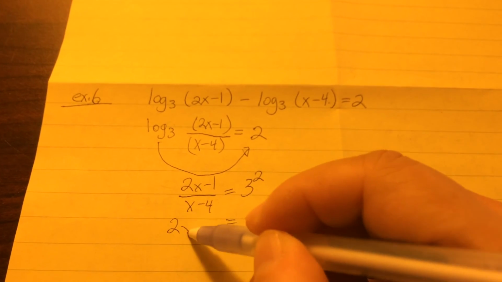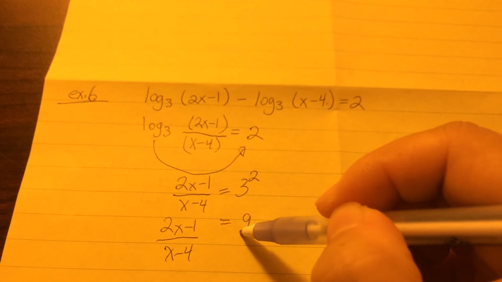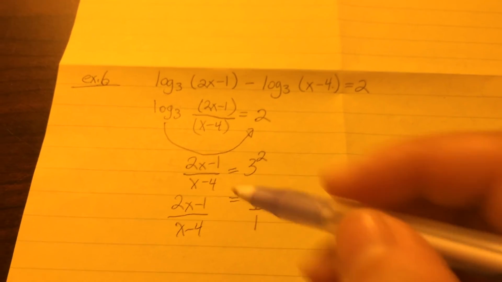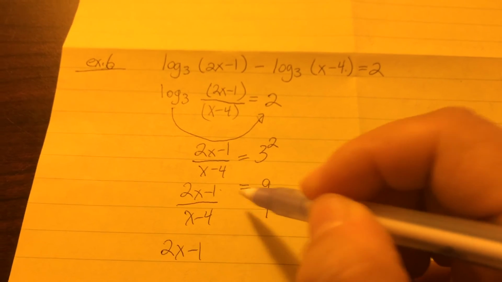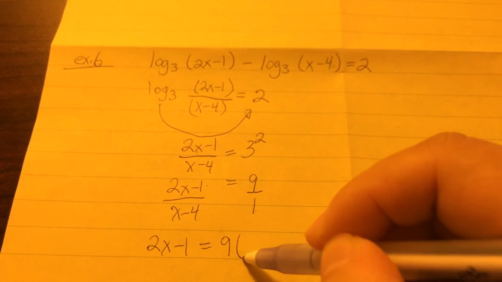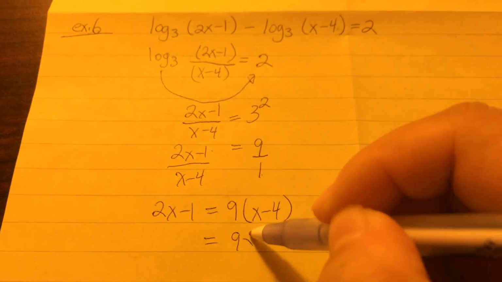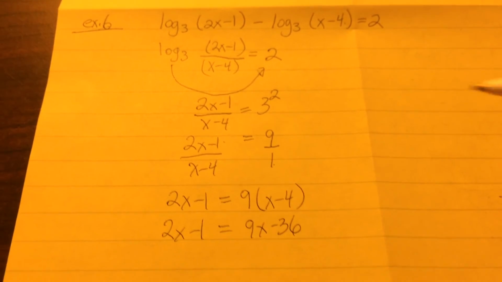So then we have 2x minus 1 all over x minus 4. So this is algebra 1 again. You can cross multiply this direction, right? Basically that's what you're doing, proportion. So if I cross multiply, this times 1 is itself. And then on the other side, it'll be 9 times x minus 4. So that gives me 9x minus 36 on this side, 2x minus 1.